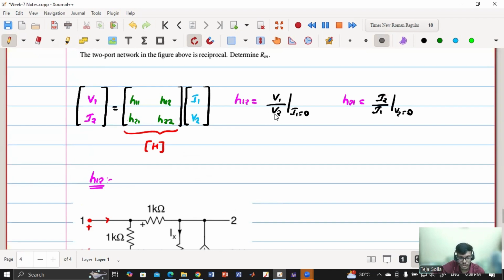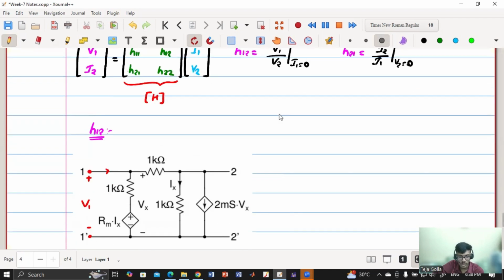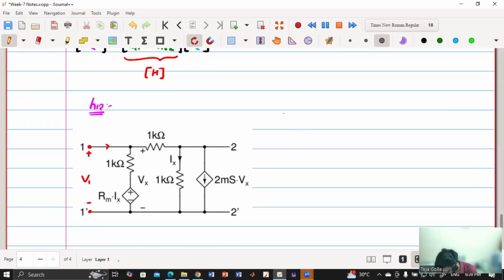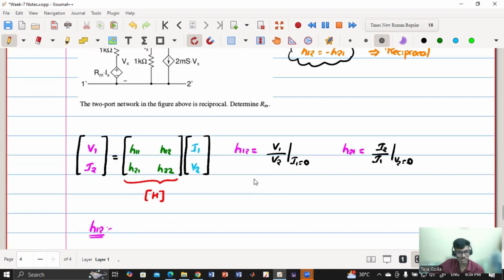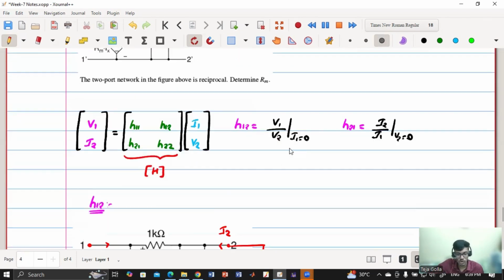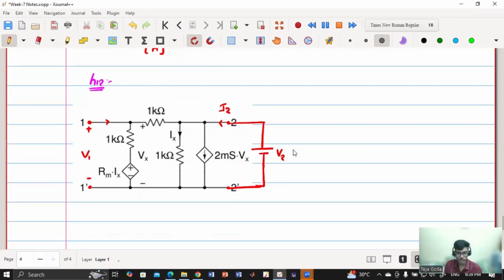So I have to give the input V2 and find the voltage V1. Basically at this terminal, we are giving a voltage V2. If this is V2, then this is the direction of I2. We have to find voltage V1 in terms of V2, and then find the ratio. Until this point, is this clear, or do you have any further doubts?